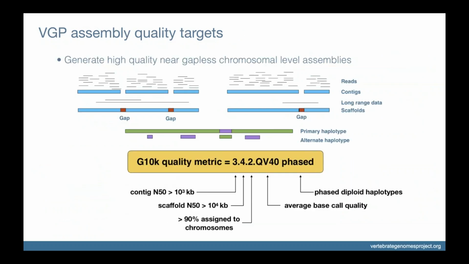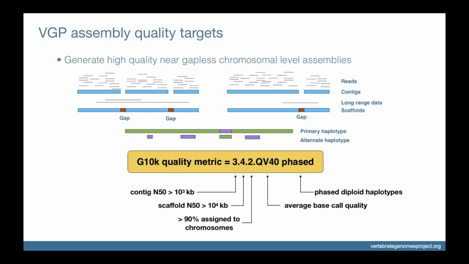So just to give you an idea of what we're targeting for the Vertebrate Genomes Project, at least, is assemblies which meet this G10K quality metric, which is basically contig N50 greater than a megabase, scaffold N50 greater than 10 megabases, and at least 90% of the genome assigned to chromosomes.